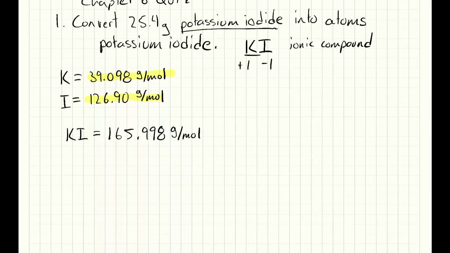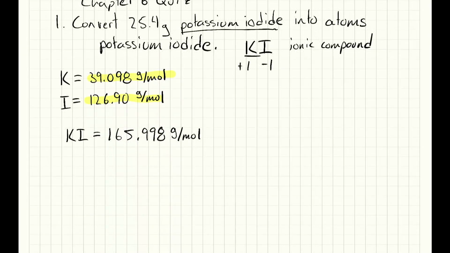Okay. The other concept that we're exploring here is the fact that everything is made up of atoms. And we can calculate, using the molecular weight or molecular mass, how many atoms make up anything as long as we know its mass.